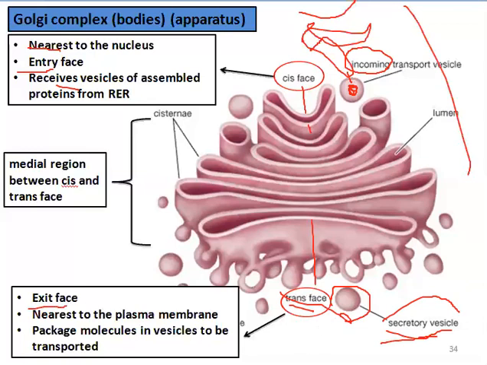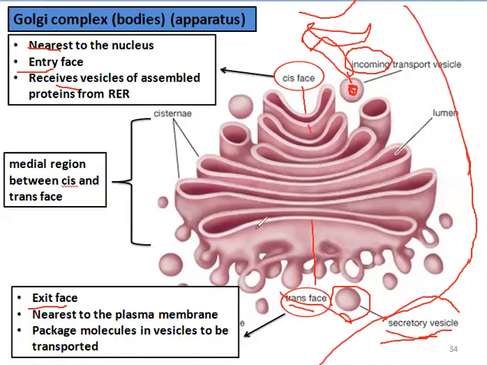It is nearer to the plasma membrane. If I complete the cell, here is the plasma membrane, so the trans phase is nearer to the plasma membrane, while the cis is nearer to the RER and the nucleus. So the trans is involved in packing molecules and vesicles to be transported or secreted in the form of a secretory vesicle.